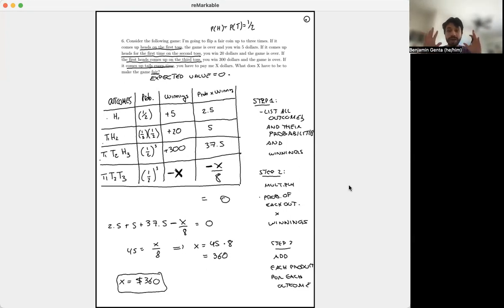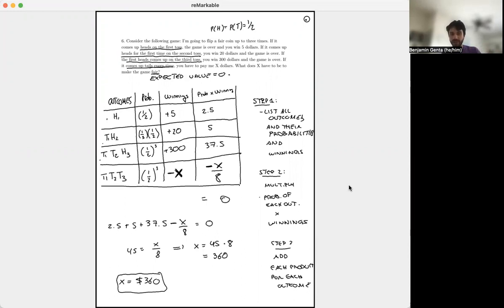So the probability that either H1 happens, or T1 and H2 happens, or T1, T2 and H3 happens, or T1, T2, T3, should be equal to 1. And you can calculate here that in fact our probabilities do add up to 1.